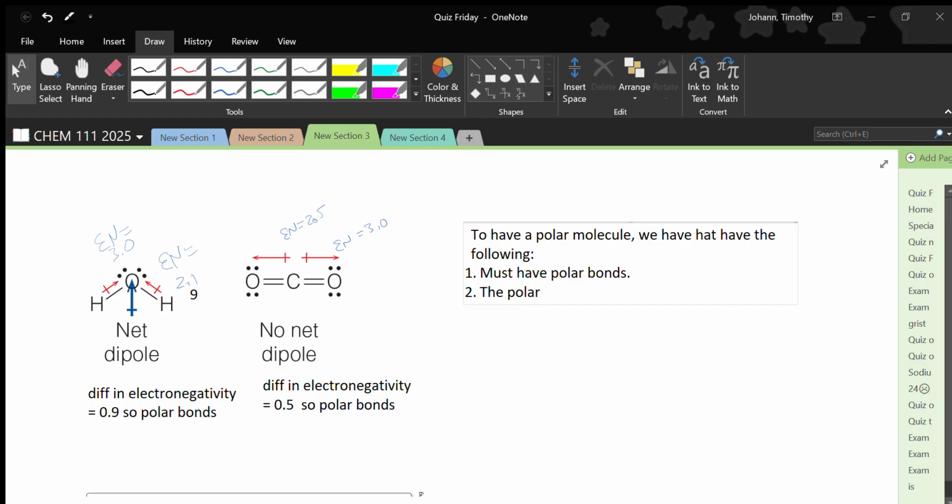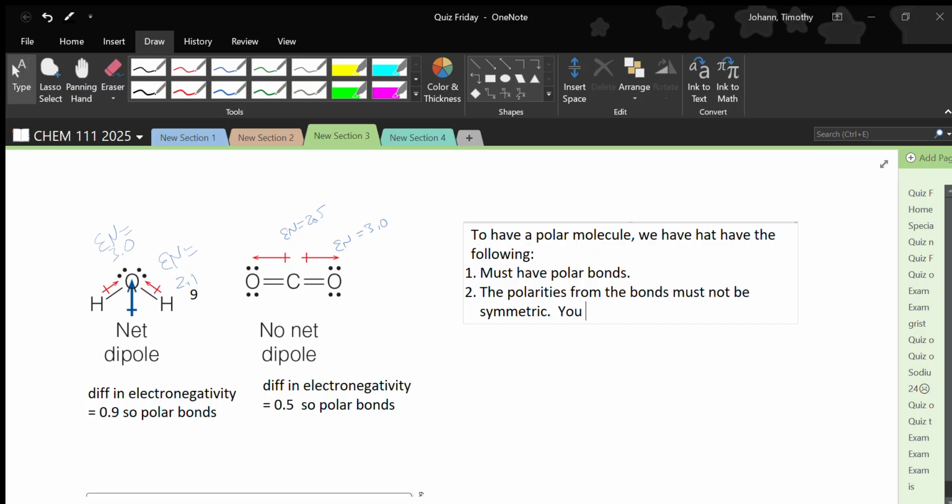The polarities from the bonds can't cancel each other like what we see for this carbon dioxide.